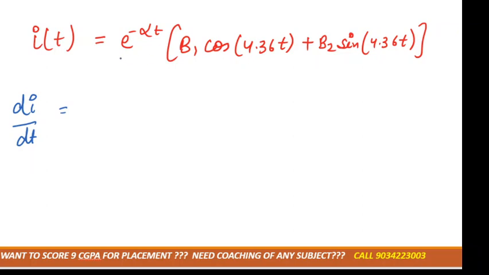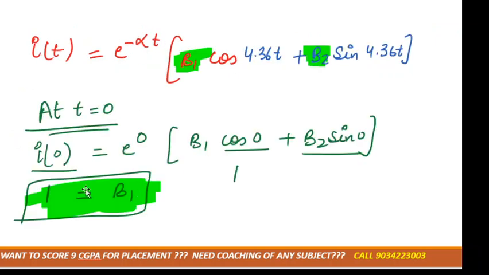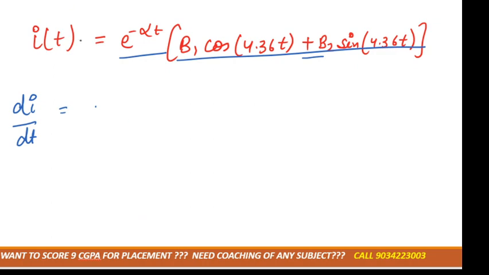First we differentiate this, then this term will remain as it is. Again we differentiate this, then this term will remain as it is. I'm not completely solving it here, but after completely solving it, we'll get the equation for b2, because we already solved b1. B2 we'll get as 0.608. We just need to differentiate, simple.